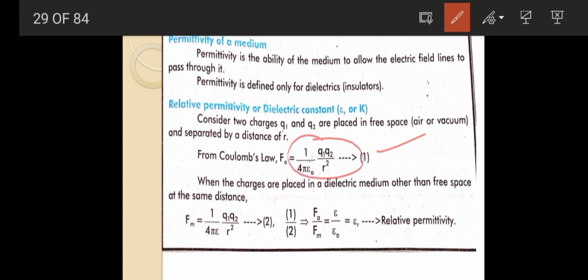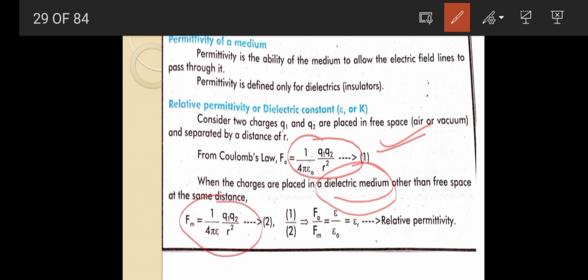So when you consider this equation, the charged particles are kept in free space, meaning air or vacuum. Instead of free space, if the charged particles are placed in a dielectric medium, meaning a medium other than free space, then the formula from Coulomb's law takes the form Fm equal to 1 by 4 pi epsilon into q1 into q2 by r square.